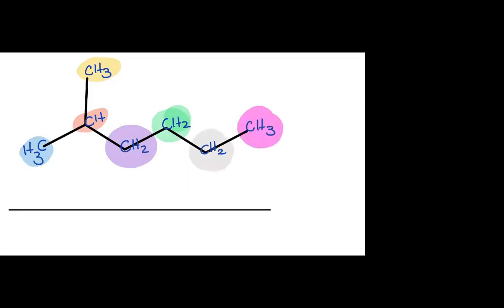So this molecule has 7 carbons. Take a moment, look at all of the carbon atoms here. Let's put in the chat the letter for the carbon in this molecule that is chiral.